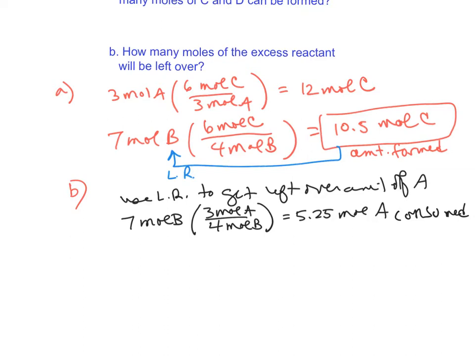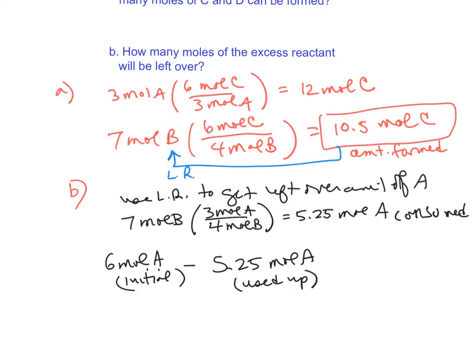All right, and then you started with 6 moles of A initial, minus 5.25 moles of A consumed or used up in the reaction. And then the difference is 0.75 moles of A left over.